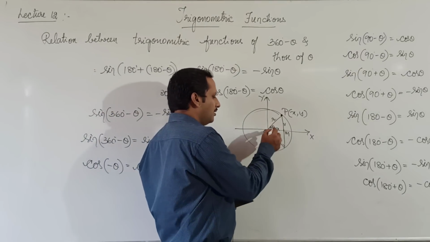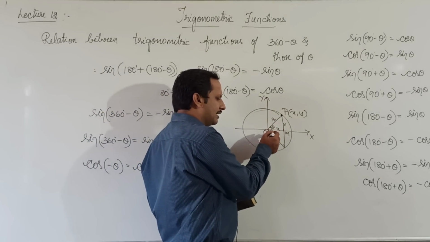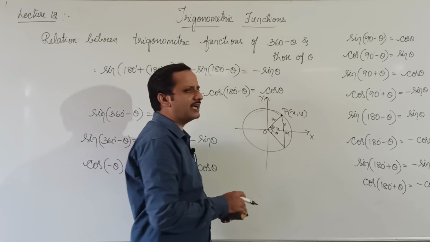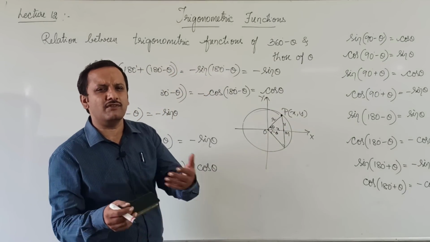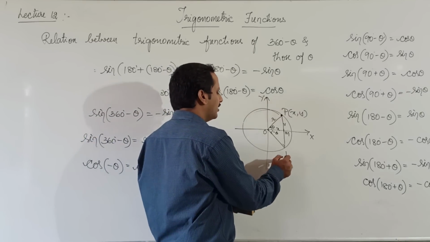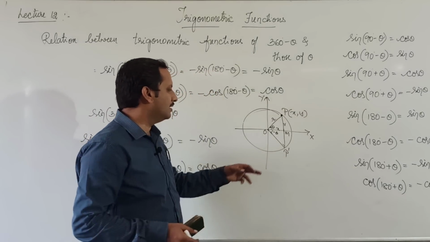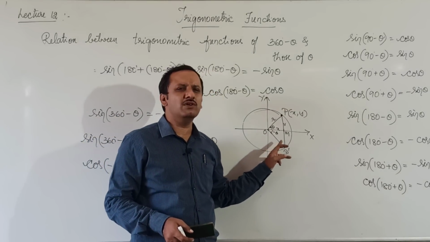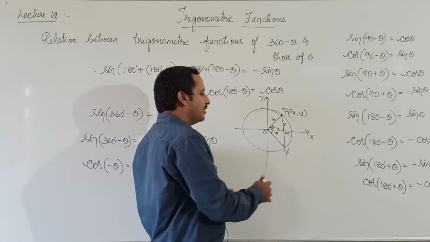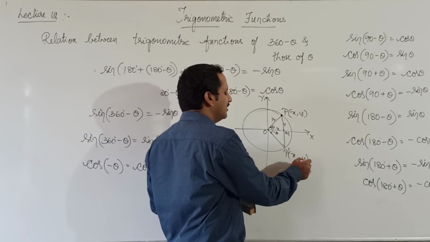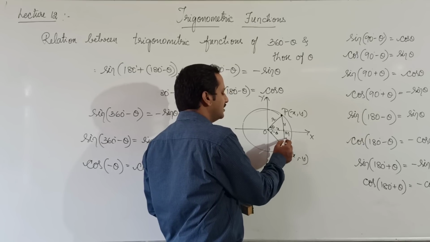Now I will consider another angle here with the same magnitude but opposite direction, because this is measured in the clockwise direction now, therefore it is considered as negative. I will call this point as P dash. This angle m over P dash will be equal to minus theta. Then if this point P is x comma y, this point is nothing but x comma minus y. That means this will be minus y.